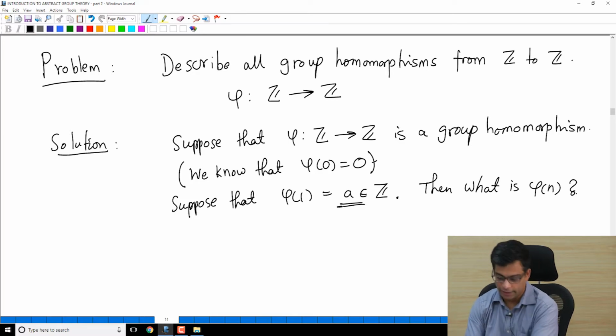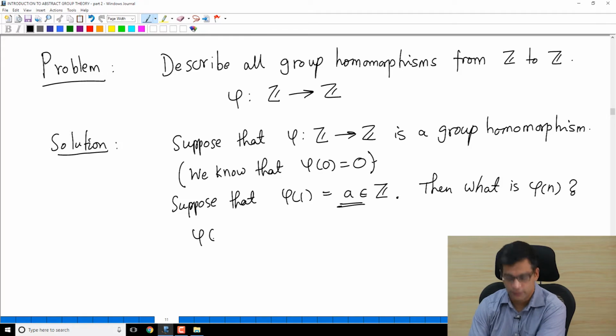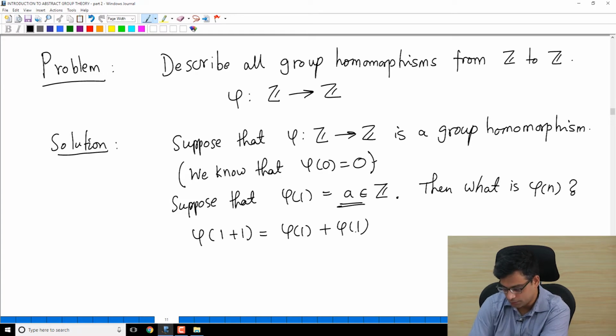So group homomorphism properties will tell us that phi of 1 plus 1 is equal to phi of 1 plus phi of 1, right? This is the definition of a group homomorphism. And what is phi of 1 plus 1? That is just phi of 2, because 1 plus 1 is 2. On the other hand, I have declared phi of 1 is a, so this is a plus a.